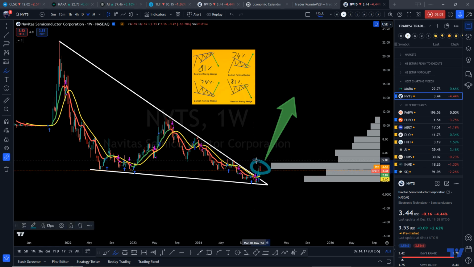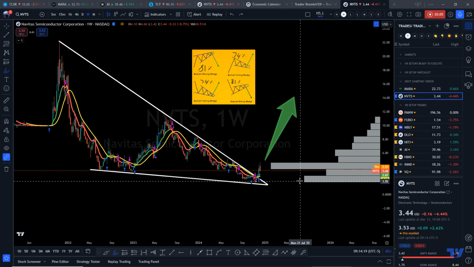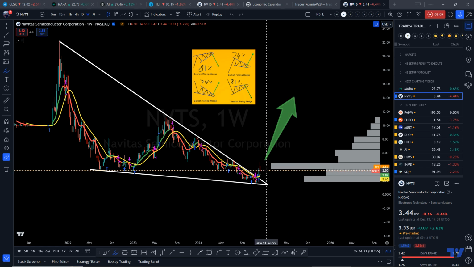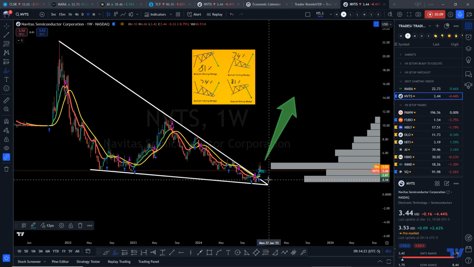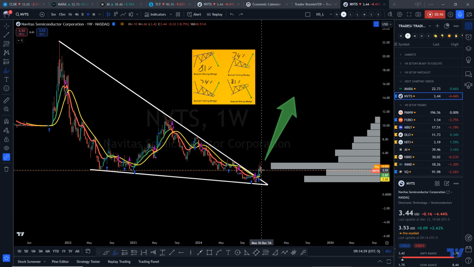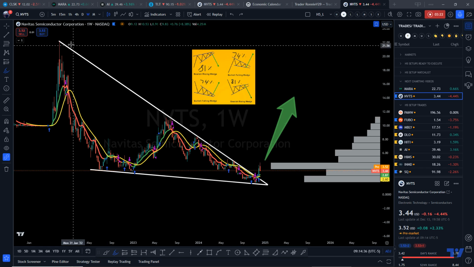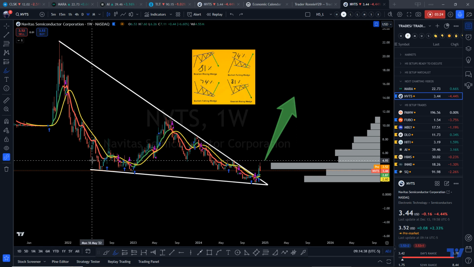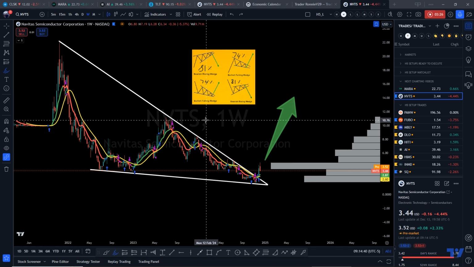We have not gotten this yet on NVTS. We could get this on NVTS. It's just going to depend. It could stop here and continue higher. This is a small cap, so these can run a lot faster. So it could get the hype behind it, and then it will not come back to retest for a while. So you see the bullish falling wedge.